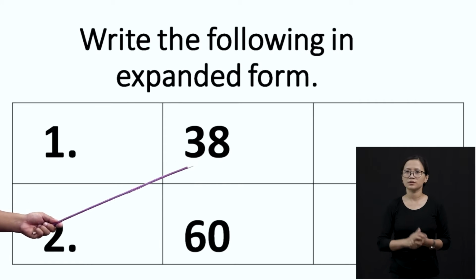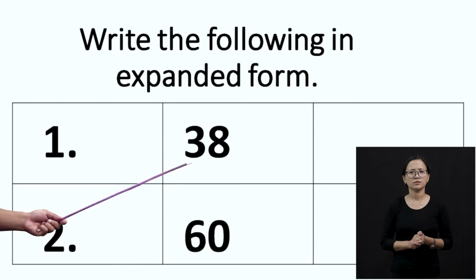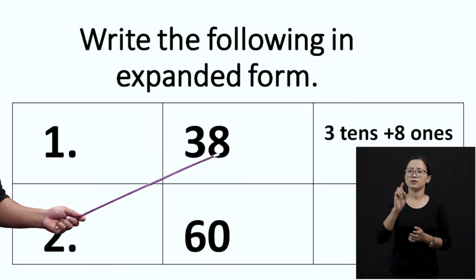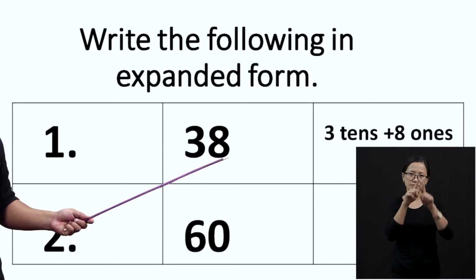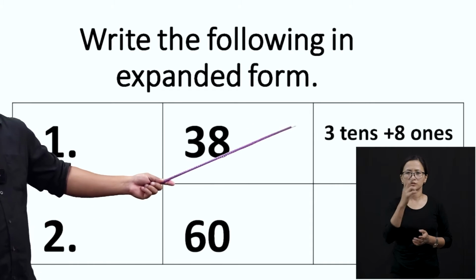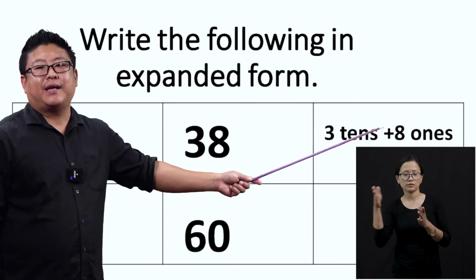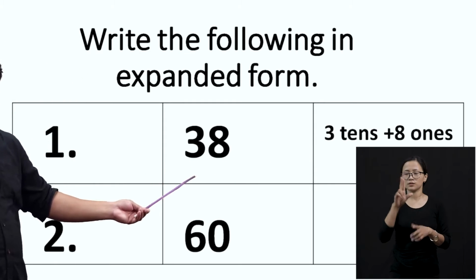And this 3 is in tens place. So we can write this as 3 tens and 8 ones. Now, if you look at the next column, we have 3 tens plus 8 ones. So this is the expanded form for 38.